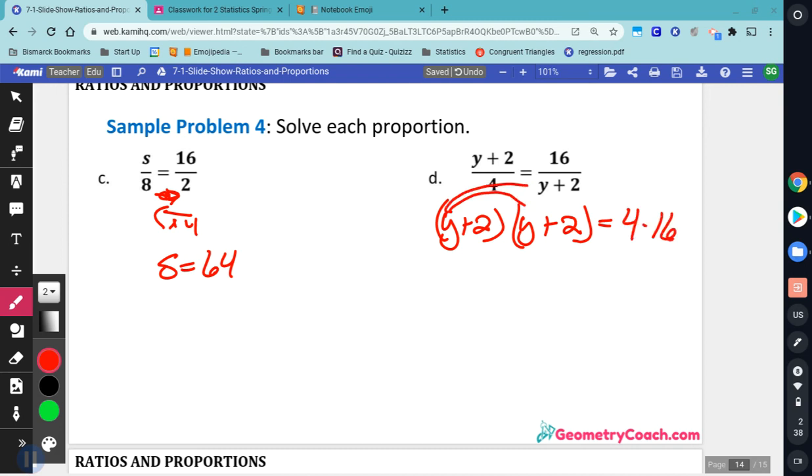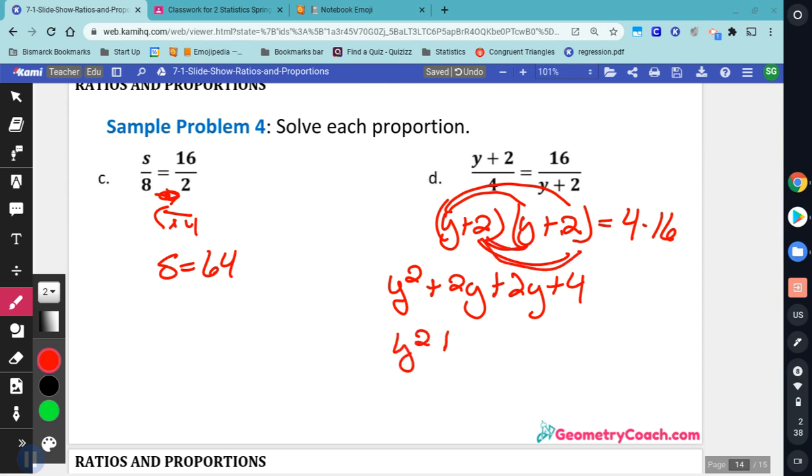You do the first, and then the outside, and then the inside, and the last. So you end up with 4 terms. So y squared plus 2y plus 2y plus 4. First terms, outside terms, inside terms, last terms. Or you think double distribution, I distributed the y to everything, and then I distributed the 2 to everything. So y squared plus 4y plus 4 equals 64.